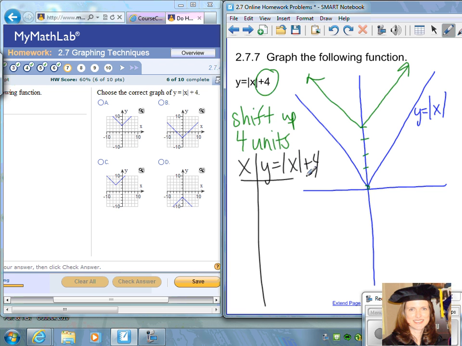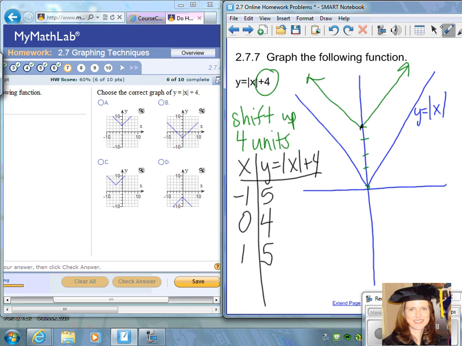You can also make a table of values, x and y, where y is the absolute value of x plus 4. I would choose a point a little to the left and a little to the right, so -1, 0, and 1. Plug in -1 into the absolute value of x, you get +1 plus 4 is 5. Plug in 0, the absolute value of 0 plus 4 is 4. And plug in 1, absolute value of 1 is 1 plus 4, you get 5.